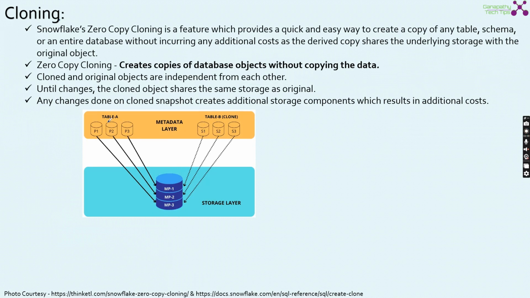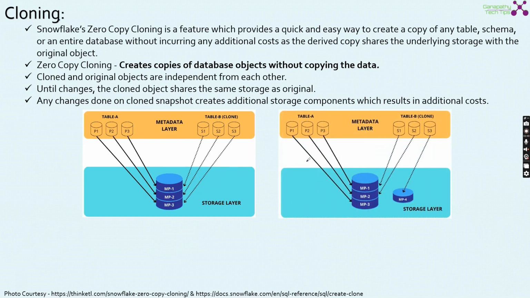Now, as we already discussed, table A and table B are independent of each other. There is no dependency between A and B. Now, if I make some changes on table B, say on the S3 partition alone, then it will create a micro partition for that specific portion alone.